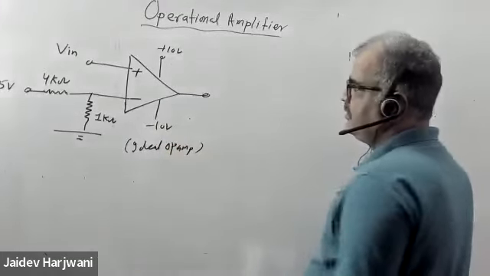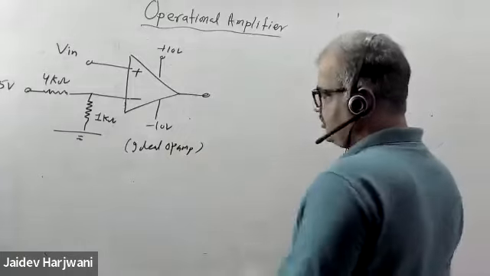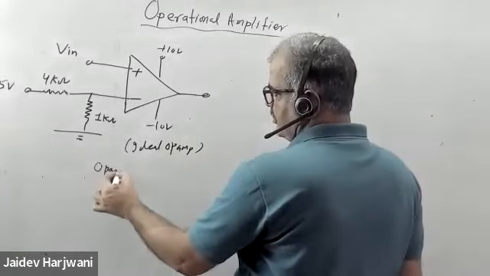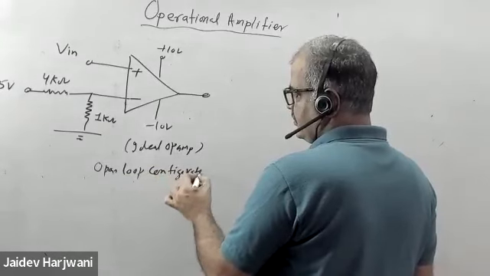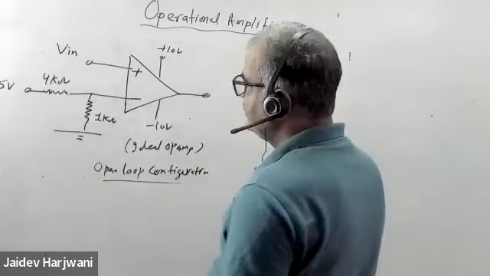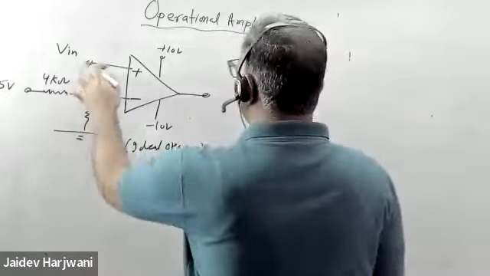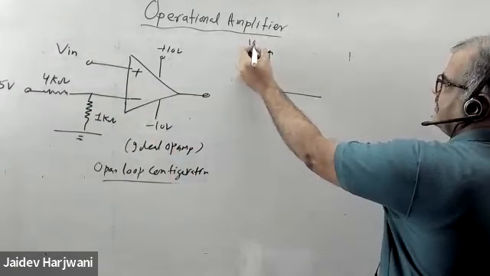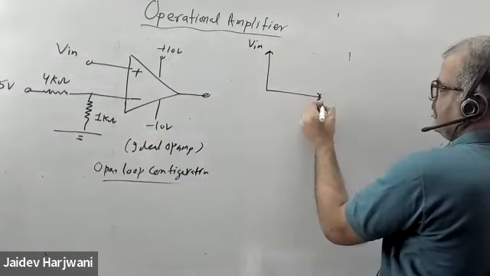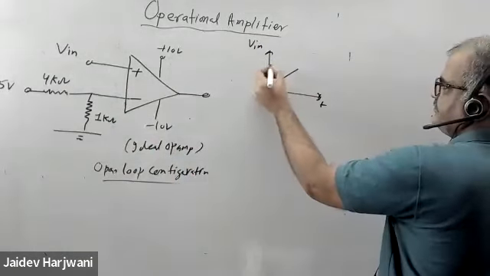So this is the open loop configuration. They say the input is varying with time, V input is varying like this.